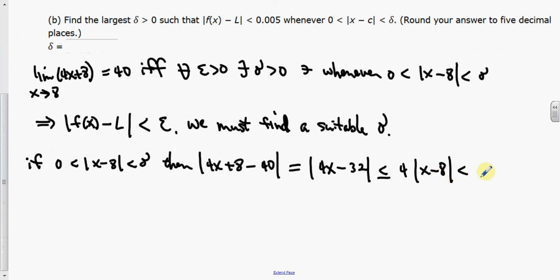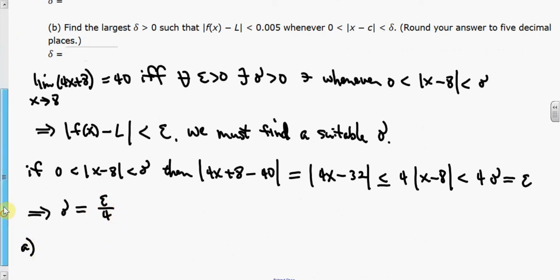This is strictly less than 4 times delta, because the absolute value of x − 8 is less than delta, so it's just 4 times that delta. Well, we can set this equal to epsilon, and we get it. So this implies that delta is equal to epsilon divided by 4.